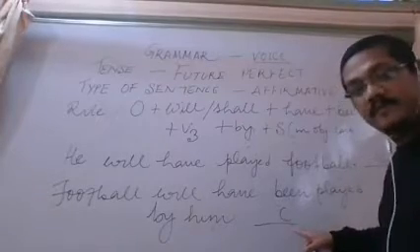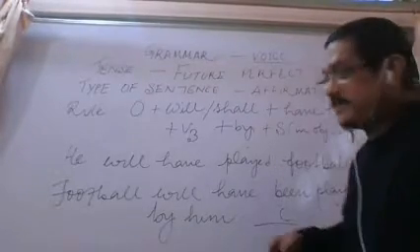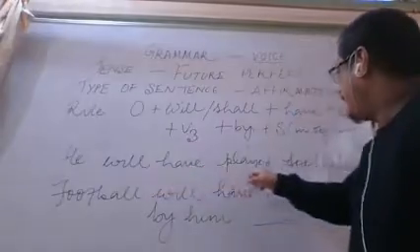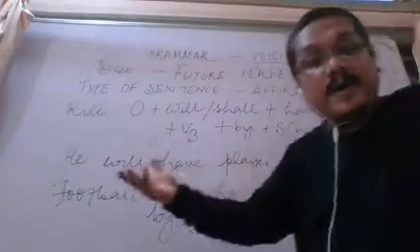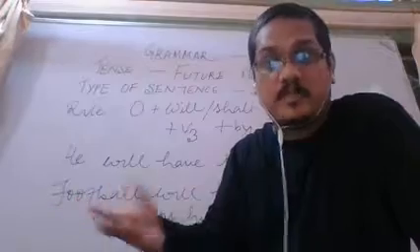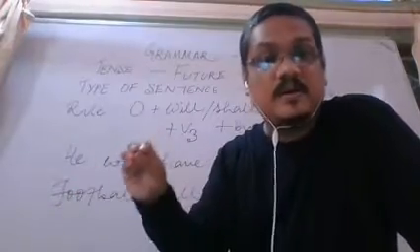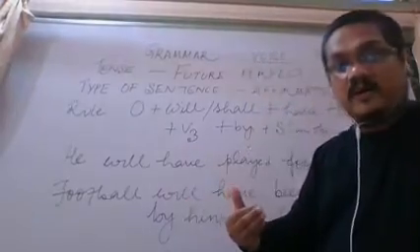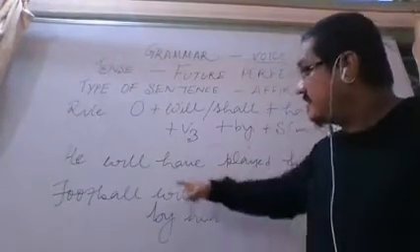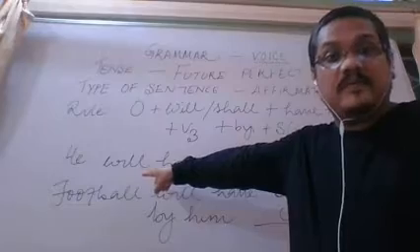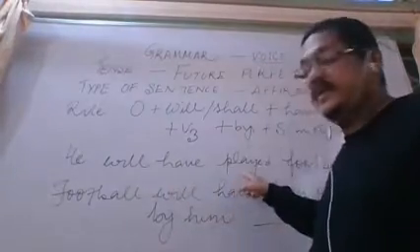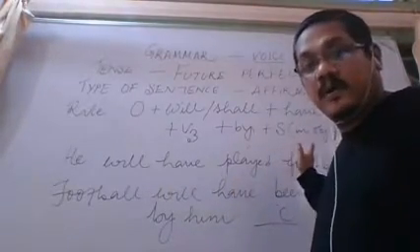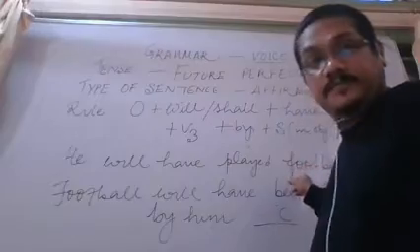Okay, here also I have written C. That means he will have played football by 9 p.m. tomorrow. By 9 p.m. tomorrow is the complement, extra information. But here what is important is that let us see the verb groups. Will have played football, that is the object.